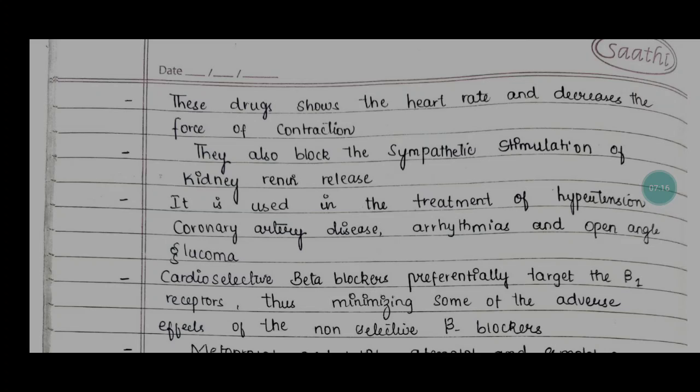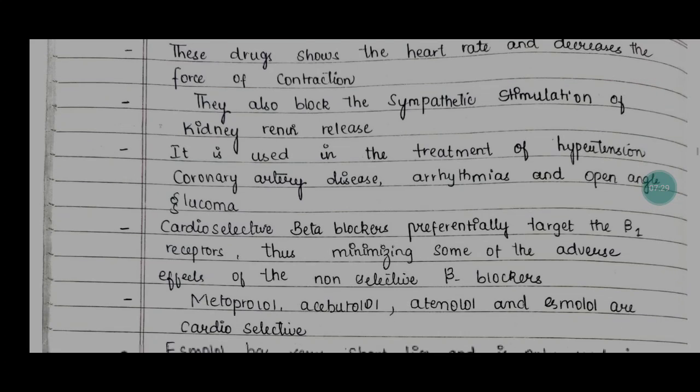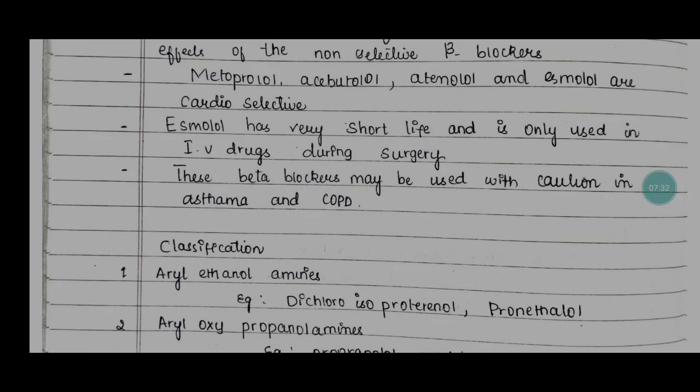The cardioselective beta blockers preferably target the beta 1 receptors, thus minimizing some of the adverse effects of the non-selective beta blockers, where metoprolol, atenolol, and esmolol are the cardioselective drugs, where esmolol has a very short half life and is only used intravenously during surgery. These beta blockers may be used with caution in asthma as well as COPD.